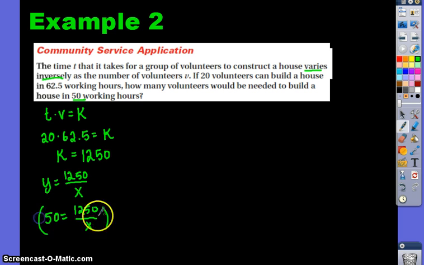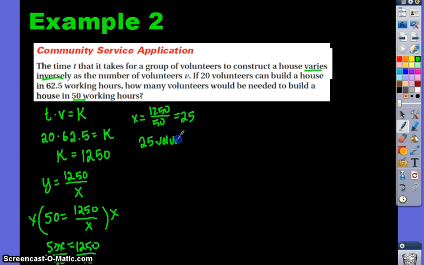So we multiply by x and get 50x equals 1,250. Divide by 50. x is 1,250 divided by 50, which is 25, which means we need 25 volunteers.